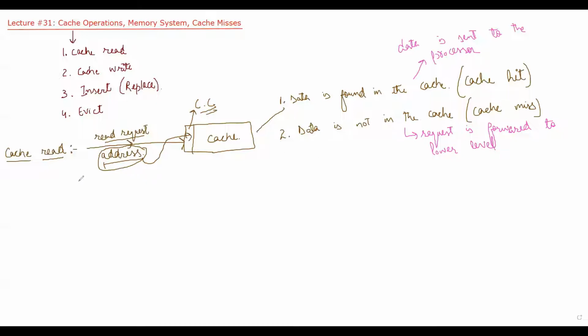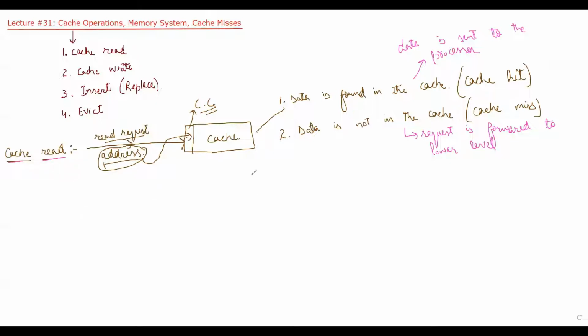Now you can see that in this cache read operation, let's suppose I am able to find the data in the cache. Then I will take that data and give that data to the processor.